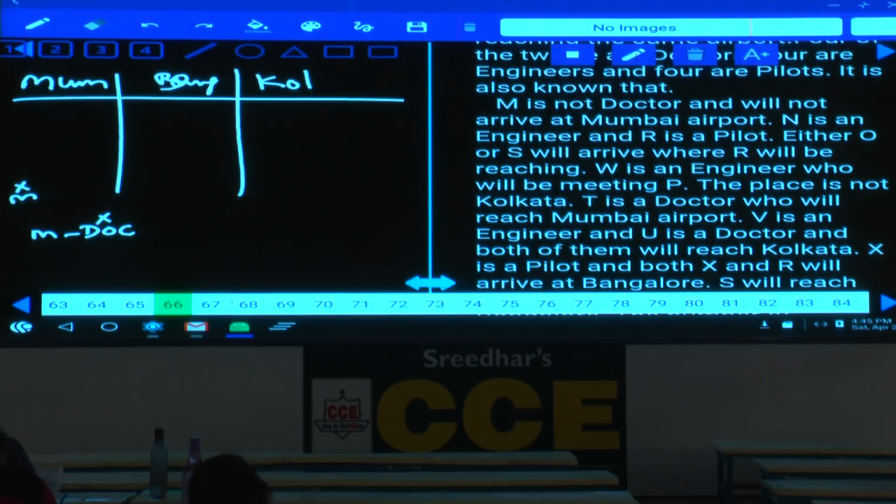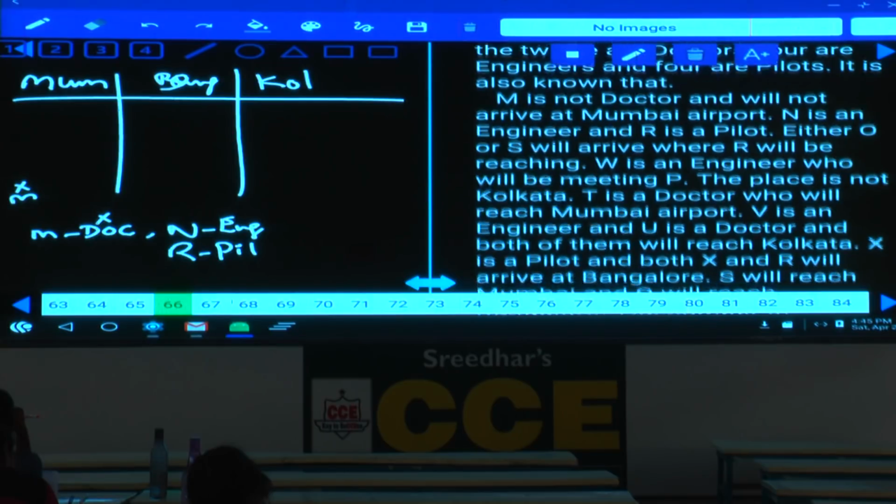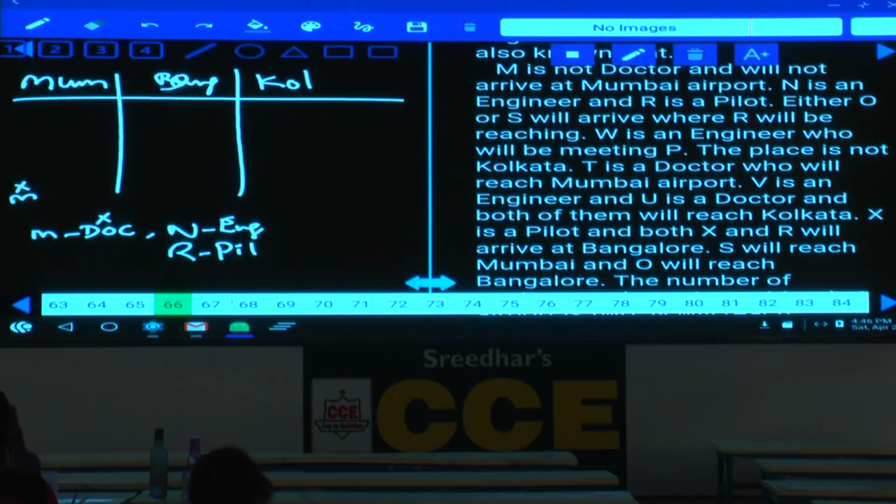The next one, N. N is an engineer, and R is a pilot. Next, either O or S will arrive where R will be reaching. That means either R and O can be together or R and S can be together.